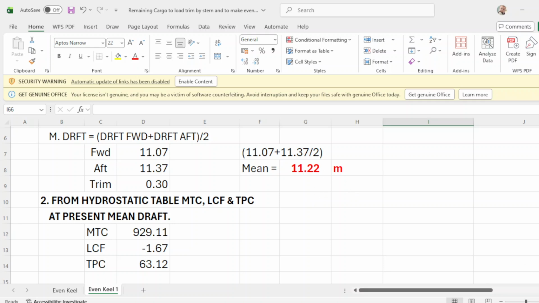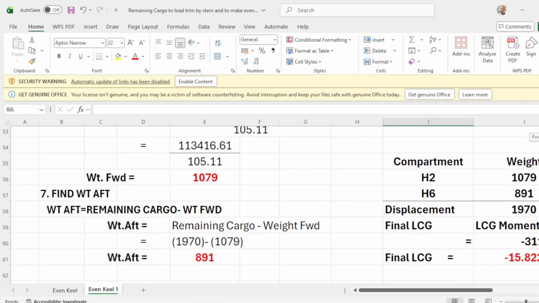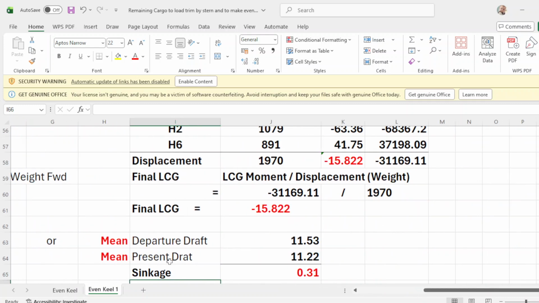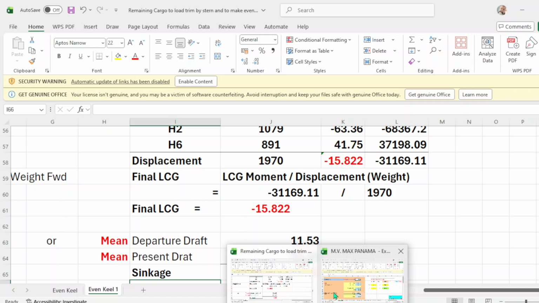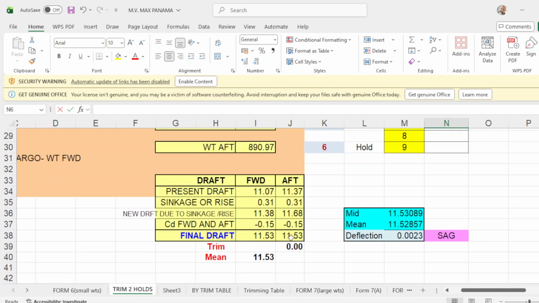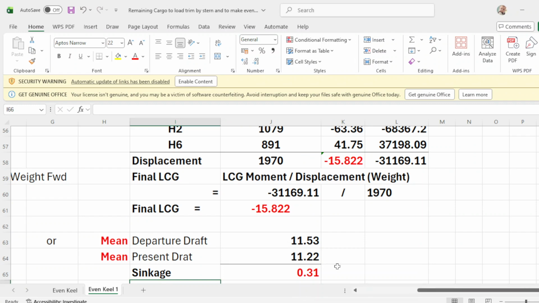And your departure main drop is this one. This is your departure main drop because you are even keel, so your main drop is 11.53. Okay. So you have sinkage of 0.31.